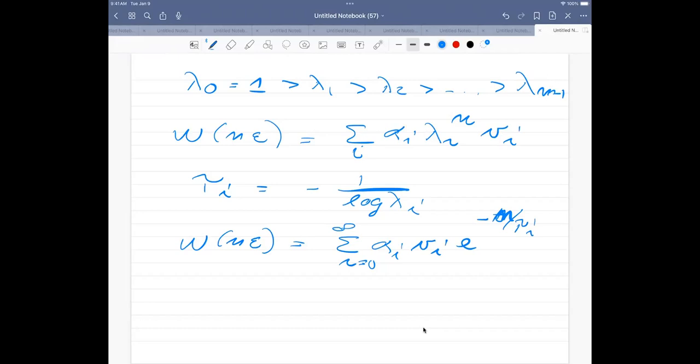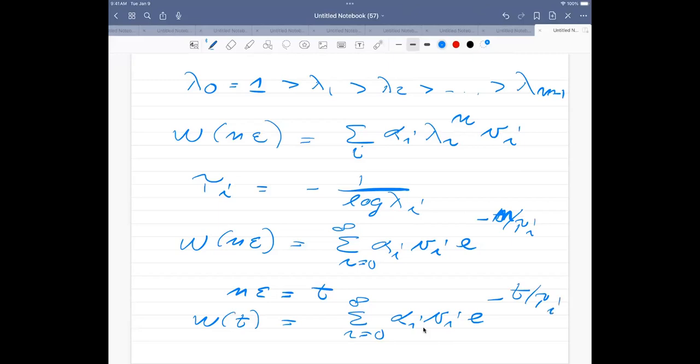And then we can replace this n times epsilon with time. So I'm just going to replace n times epsilon, which is my time. So I'm going to take w of t, which is now equal to the sum from i equals 0 to infinity of alpha i v of i, e to the minus t over tau i. This time is a kind of artificial time. And now you see a very interesting property.